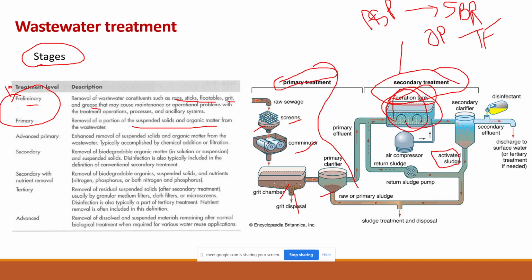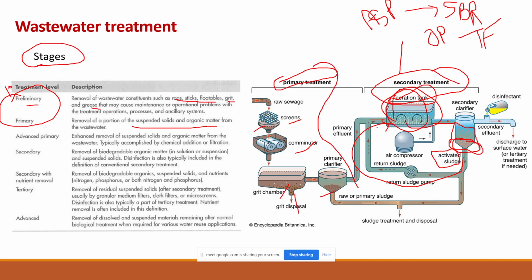After that, it goes to a secondary clarifier. In the secondary clarifier, all the biological material, your microbes, get settled down, which is called activated sludge. This sludge has a high microbial activity. So some part of this sludge is recycled back to the primary clarifier, no, sorry, to the aeration tank, so that there is more microbial activity in the aeration tank.